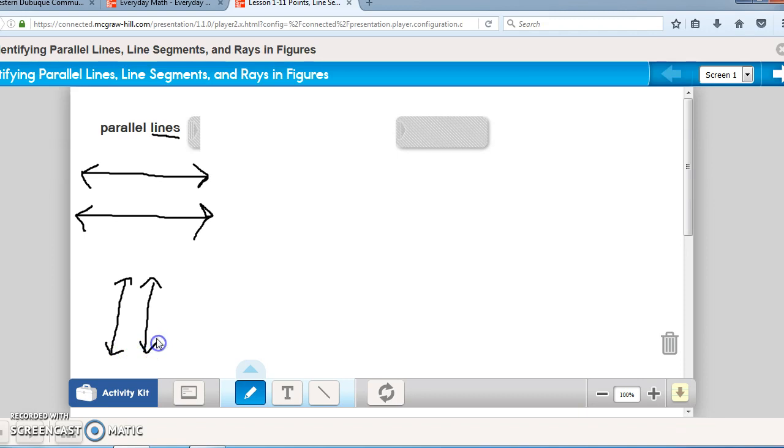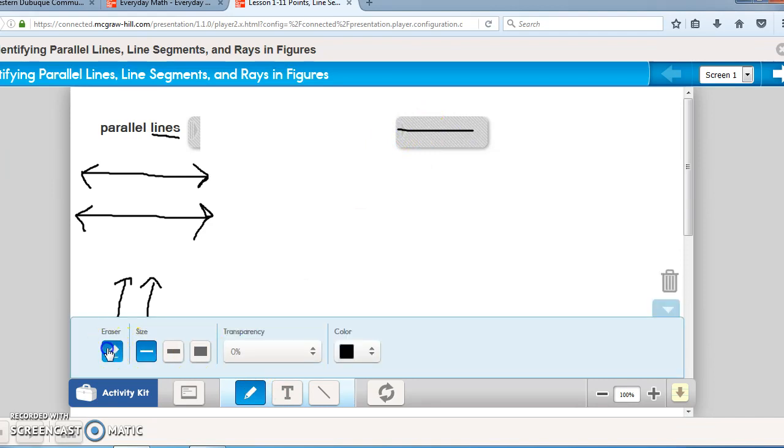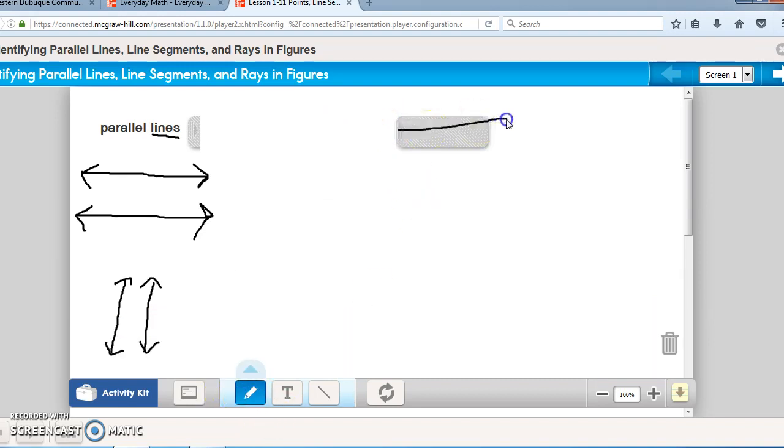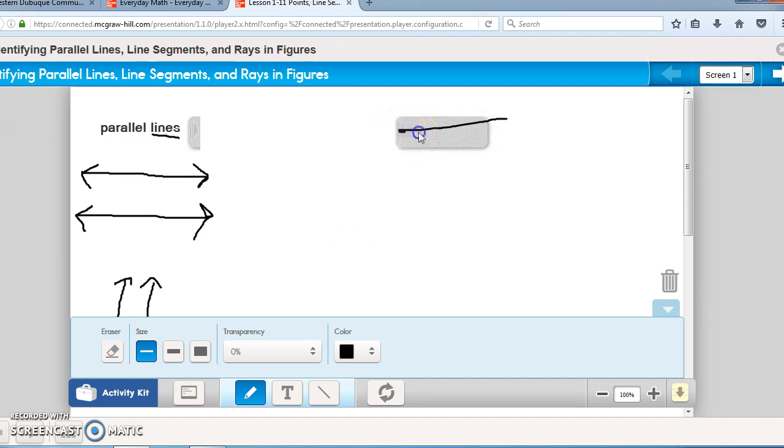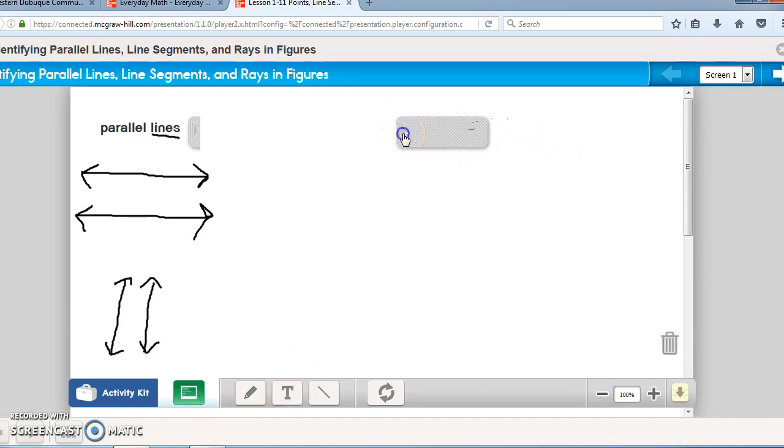You're going to want to draw these more accurately with a ruler than you are going to want to freestyle them like I'm doing here, because they may not truly be parallel with the way I've drawn them. I'm sorry again. And again, I'm not doing so well here. Sorry about that. Let me go back to this.